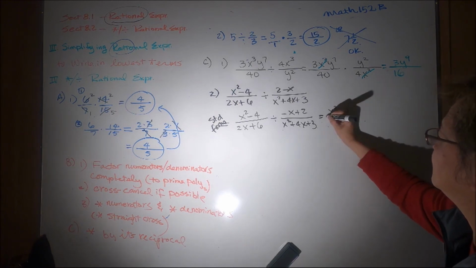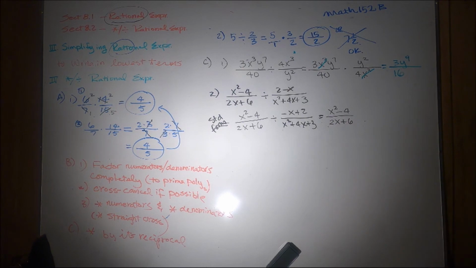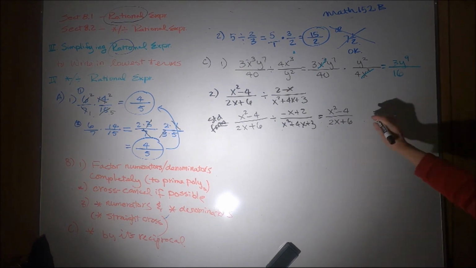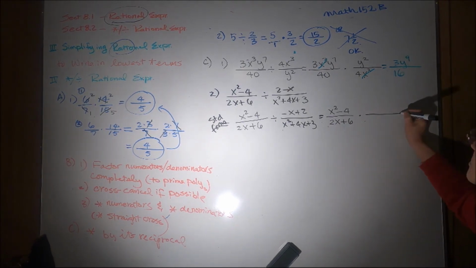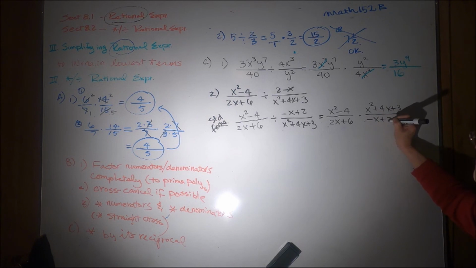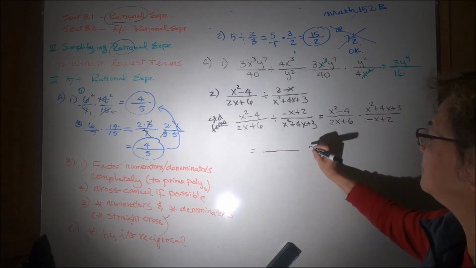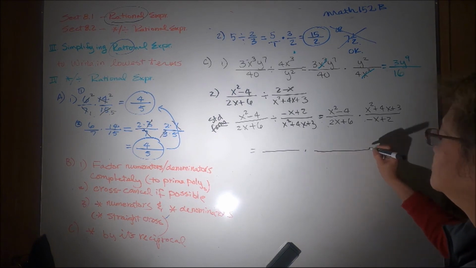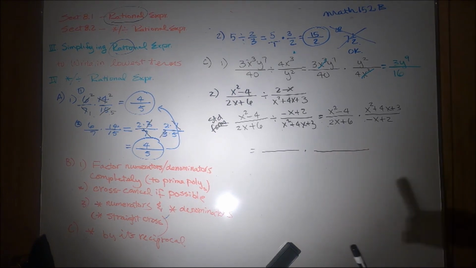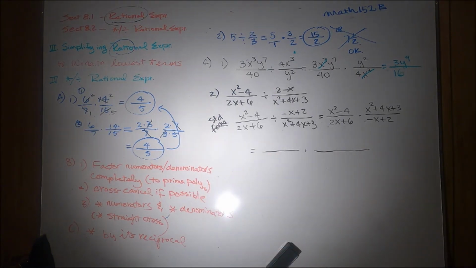The first fraction remains the same, then the next one you take the reciprocal. Then it's multiplication, as we did before, and we start to break everything down to primes completely.